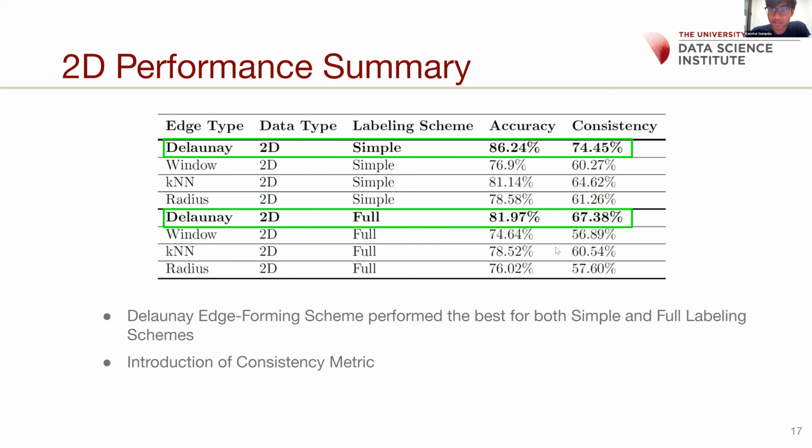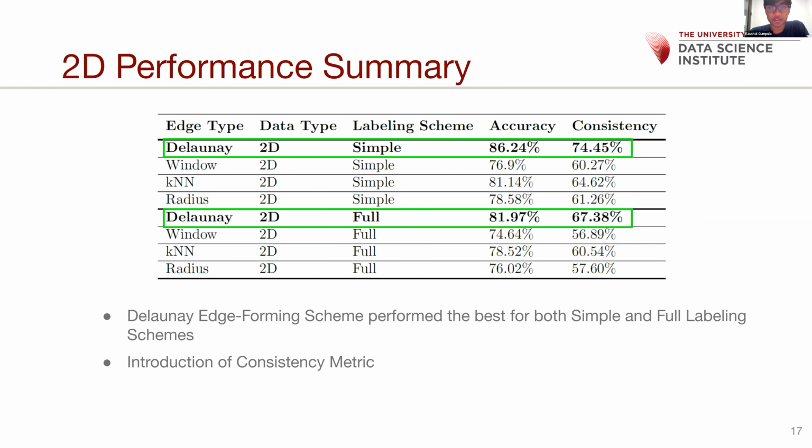Now, I've also cited something called the consistency metric. What this metric is, and I'll explain it in more detail, is that since we have information from the U, V, and Y plane as inputs into our model, a natural question to ask is, when we're predicting hits on the U, V, and Y plane, since they're associated with an actual 3D interaction, can we find a 3D representation that tells us whether we are predicting consistently across each of the 3 planes?